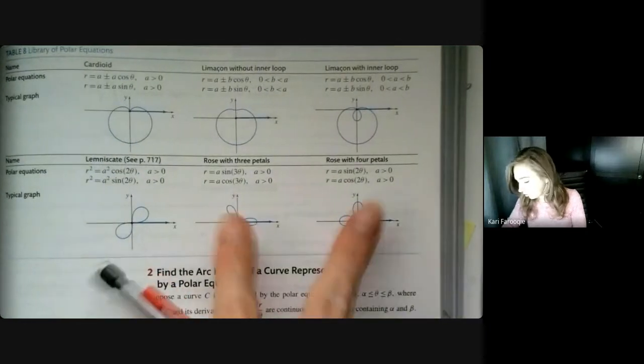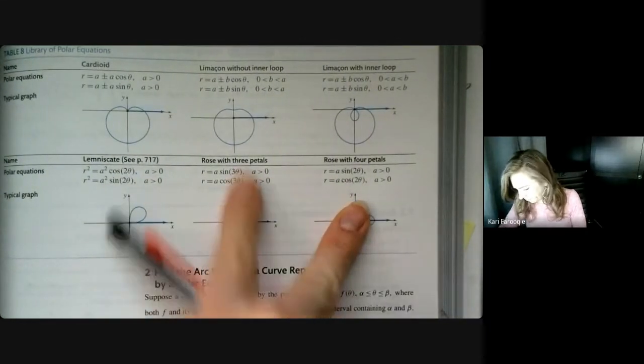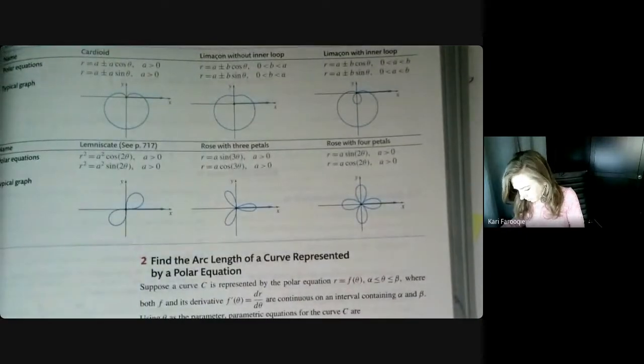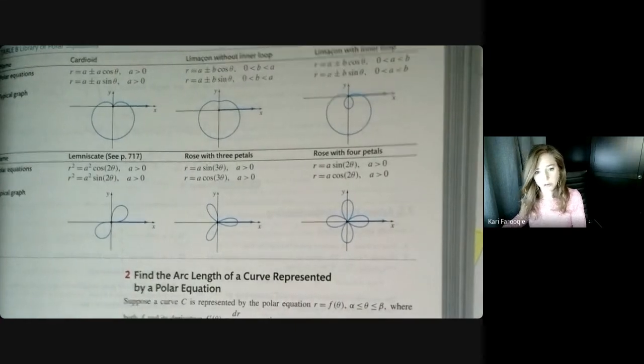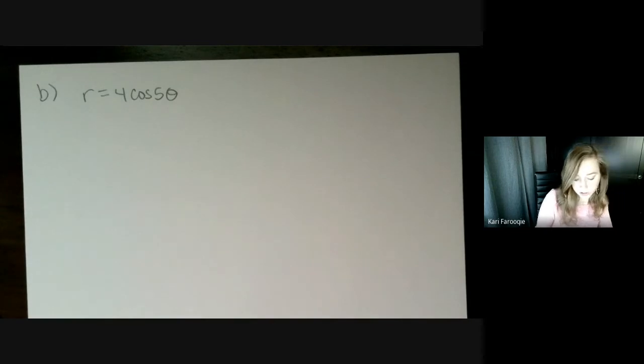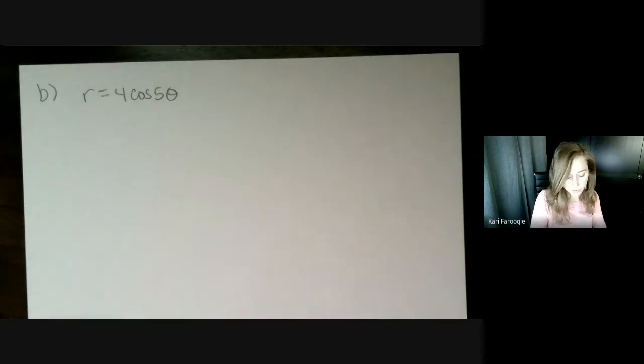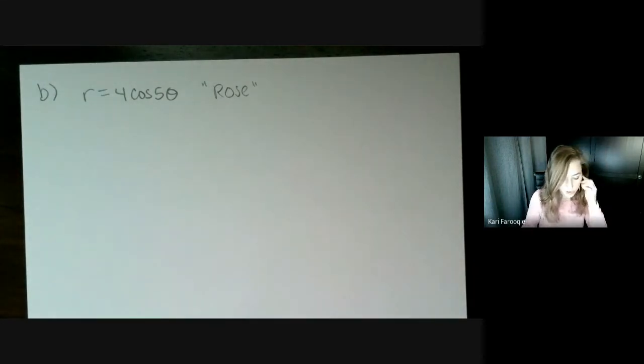Now, you only have equations for 3 and 4, but as long as you have an odd value on your theta, you're going to have a rose with an odd number of petals. So this is a rose curve. It's just listed as a rose.